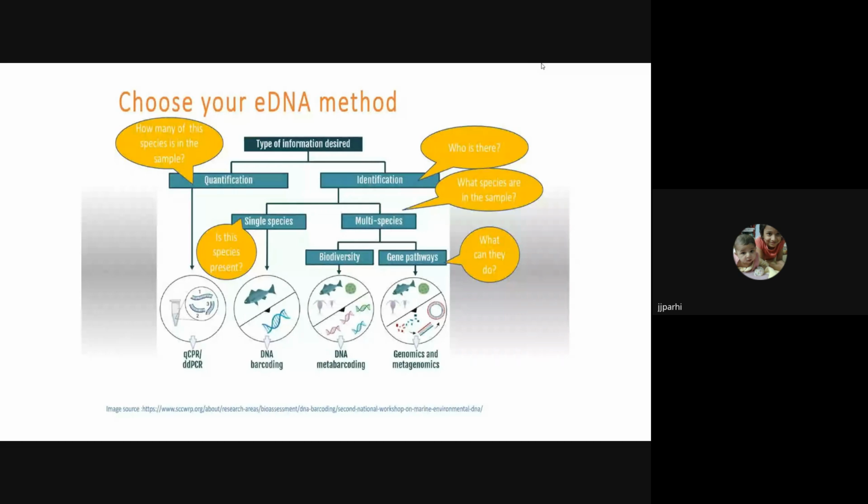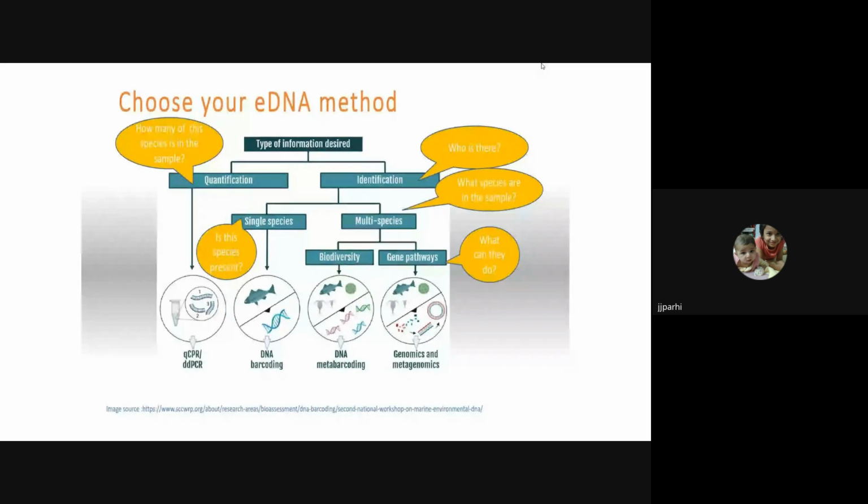If you are interested in biodiversity, meaning how many species are available, what are the species, what type of species are there, for that we have to undergo DNA metabarcoding. Metabarcoding means we do the sequencing and identify a group of species. A number of species we can identify in this manner.